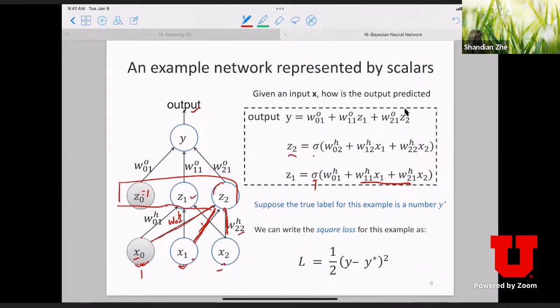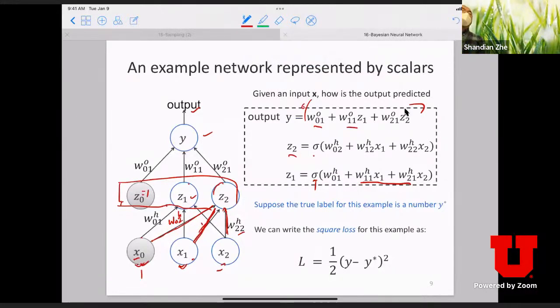In the output layer, we only have one neuron, which is Y. So the computation of Y is simply a linear combination of the neurons in the hidden layer connecting to Y. It's W0O plus W1O times Z1 plus W2O times Z2. And one tradition in neural network modeling is that we do not apply a nonlinear activation function in the output. We just do a linear combination.